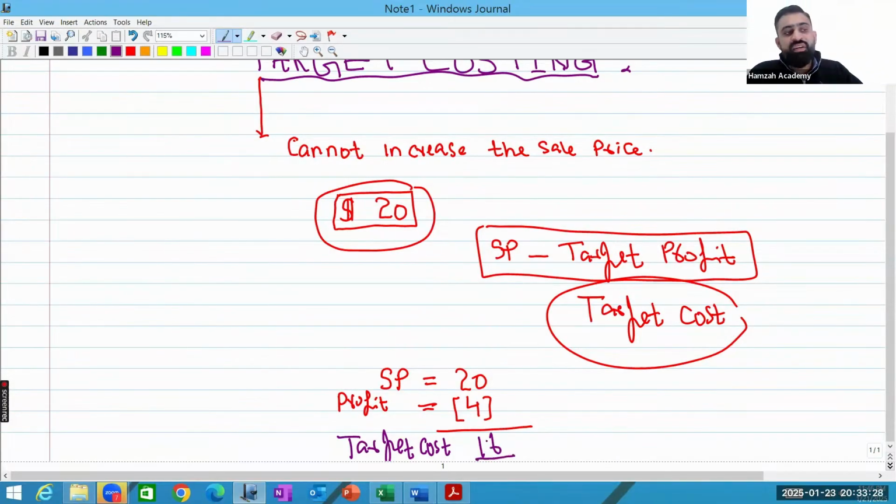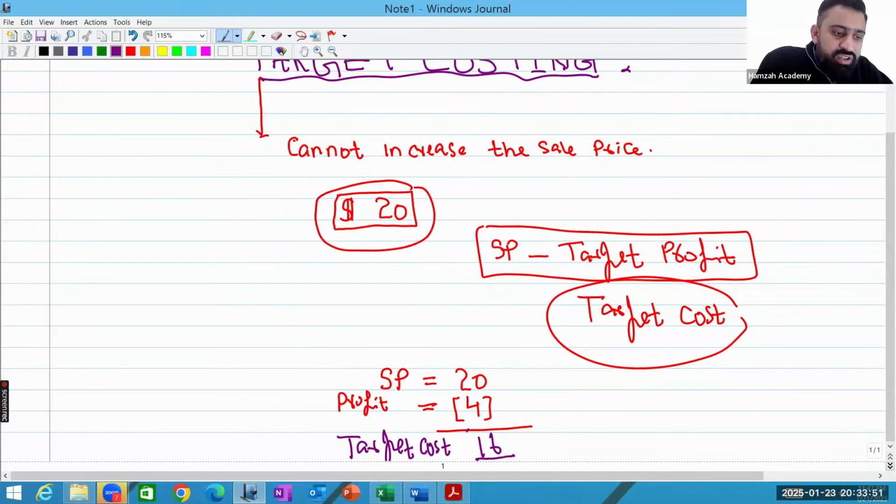Now you have set the cost target that you want to make this product within 16 US dollars. That is your target cost which you want to achieve. And this concept is known as target cost.